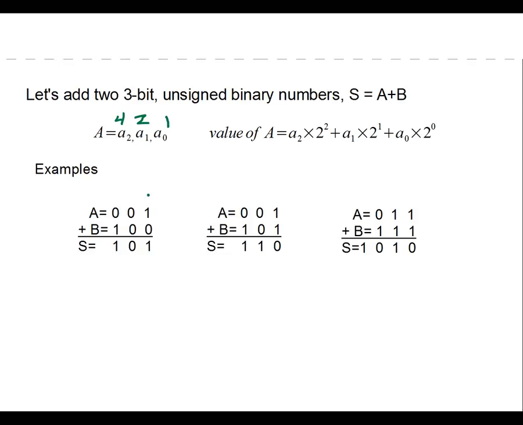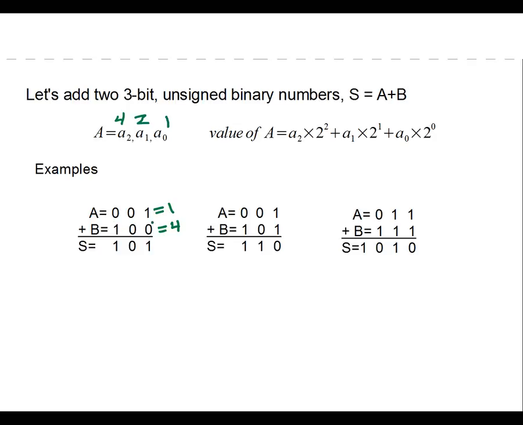So for example, suppose I want to add together 2 binary numbers. This binary number is actually equal to 1, and this binary number is actually equal to 4. Why? Because this number up here, the A number, has 1 one, 0 2s, and 0 4s, so it's a 1. The B number has 0 1s, 0 2s, and 1 4.